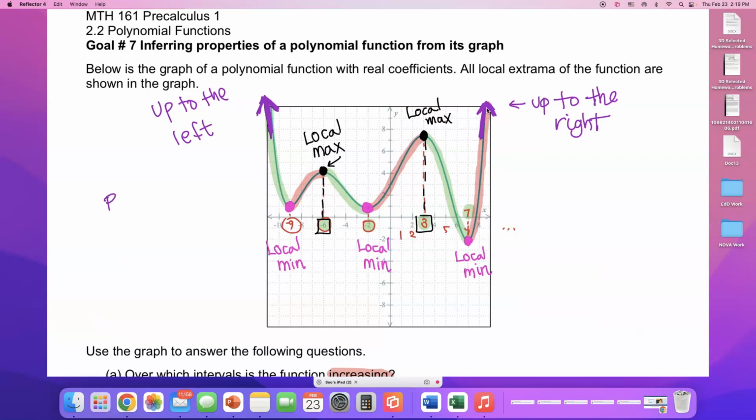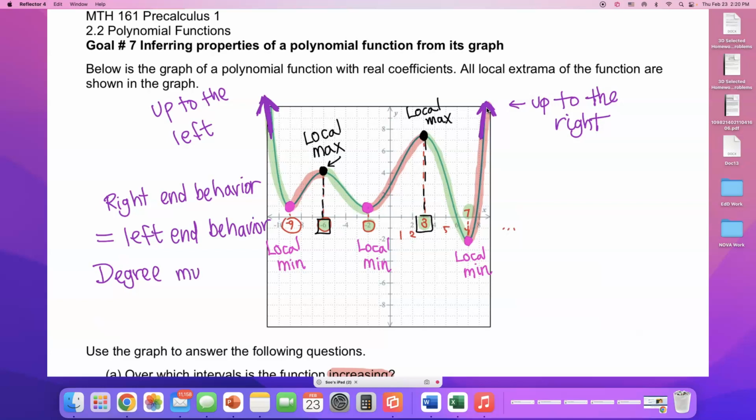So when the right end behavior and the left end behavior are the same, they're both pointing up, what we can say is that the degree of this function must be even.